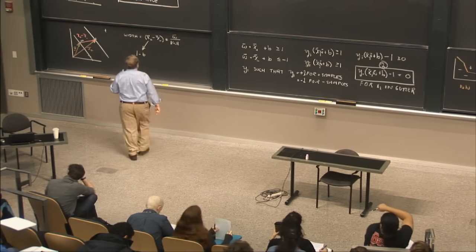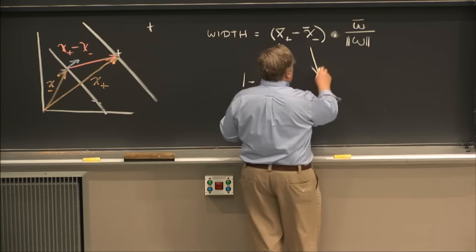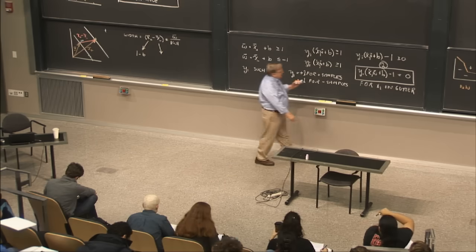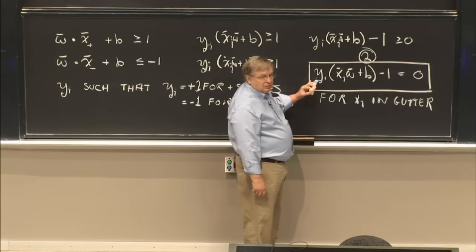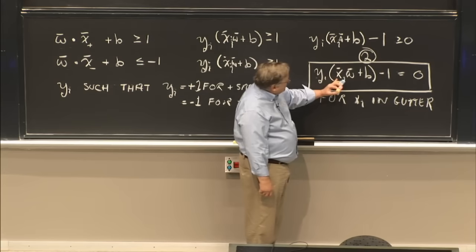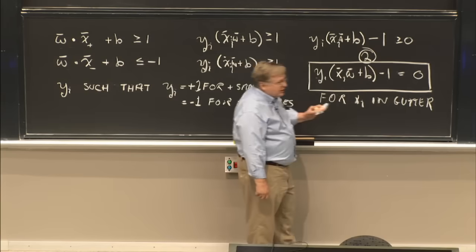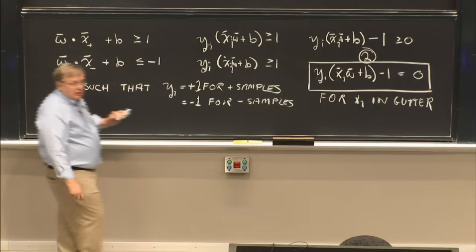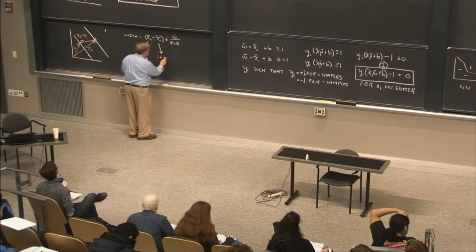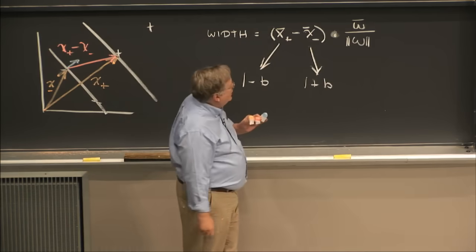Well, we can do the same trick with x minus. If we've got a negative sample, then y sub i is negative. That gives us negative w dotted with x sub i. And now we take this stuff back over to the right side, and we get 1 plus b. Right?